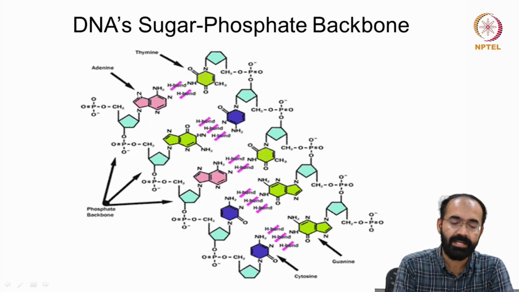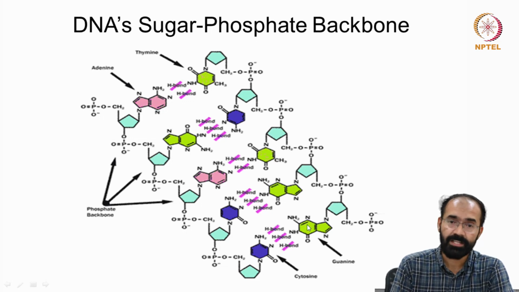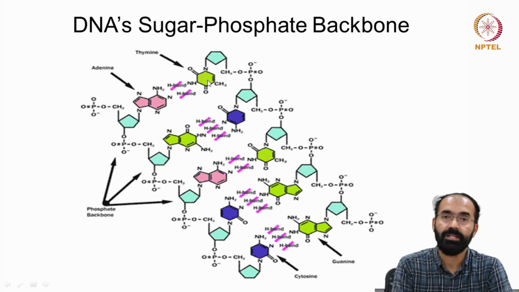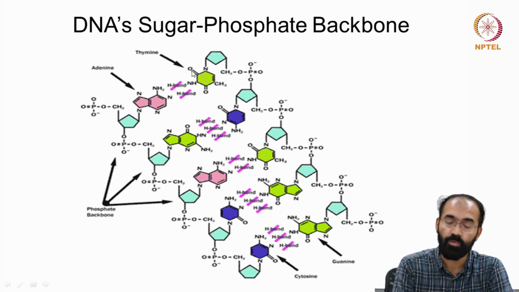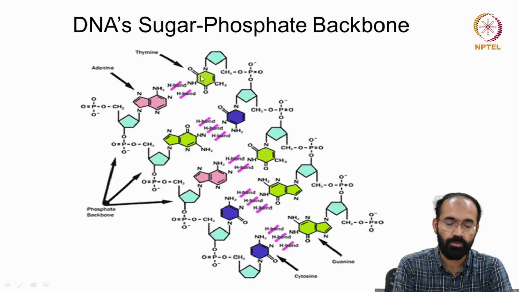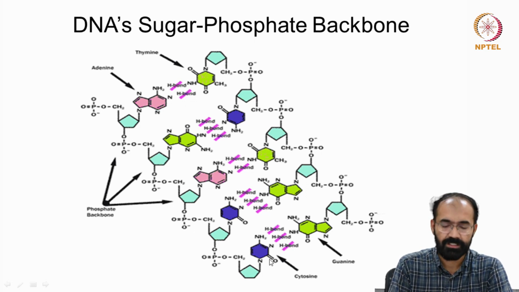Adenine pairs with thymine, whereas guanine pairs with cytosine. So adenine pairs with thymine, or adenine pairs with uracil. Remember, RNA prefers uracil over thymine, although they are molecularly very close. We will see them in more detail. A always pairs with T or U, whereas G pairs with C. This is the short form.